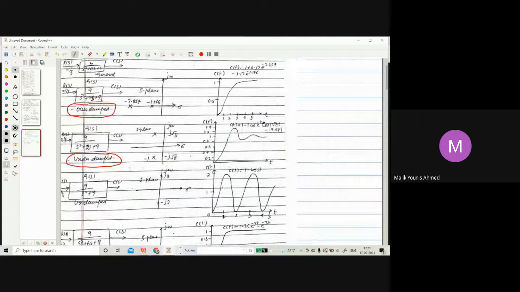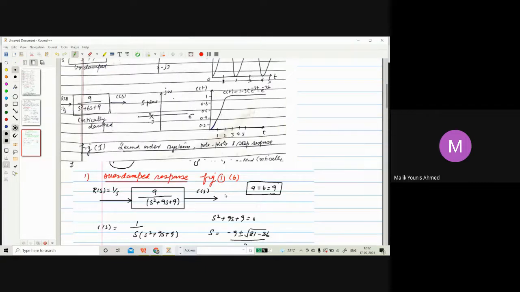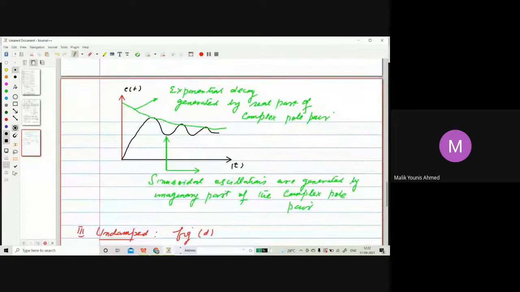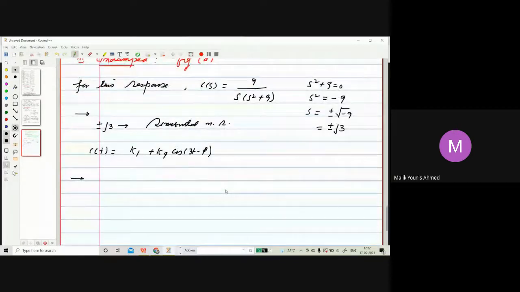See here, it is rising, going up, transient. There is no exponential decay like this, because the absence of the real part will not allow any damping, or exponential decay. So I will be writing that point.